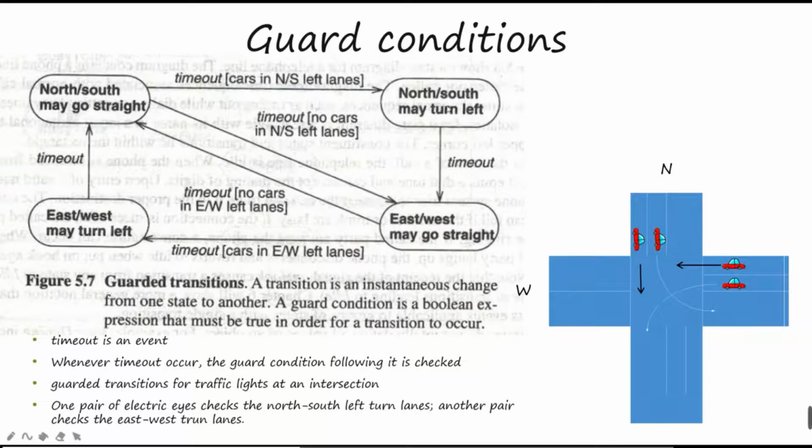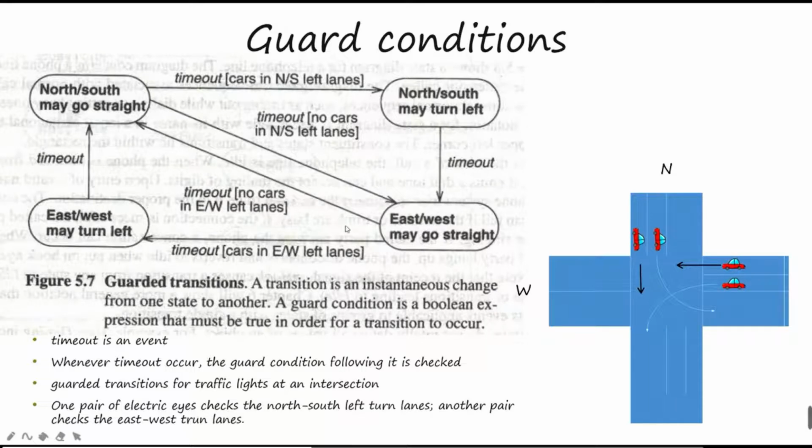In the turn left state, after 30 seconds, we get another timeout event. Then it will go to the east-west go straight state directly because there are no guard conditions. But in the east-west go straight state, it will check whether there are cars in the east-west turn left lane.